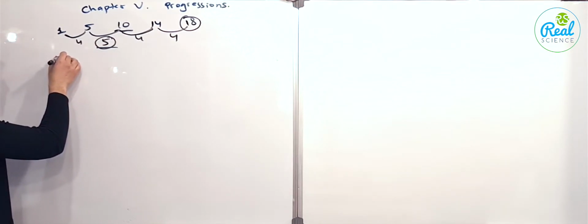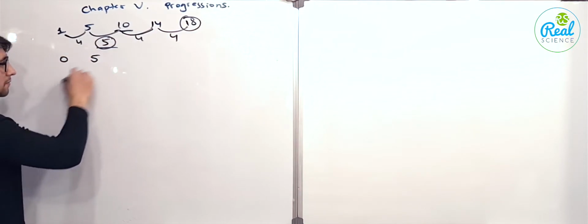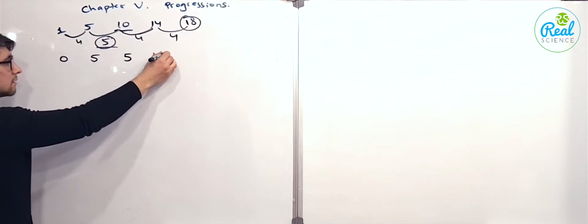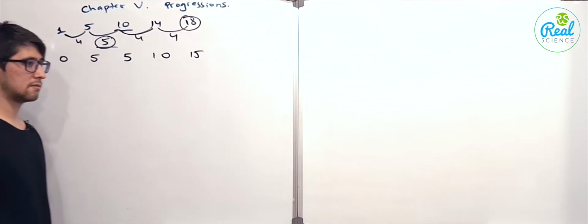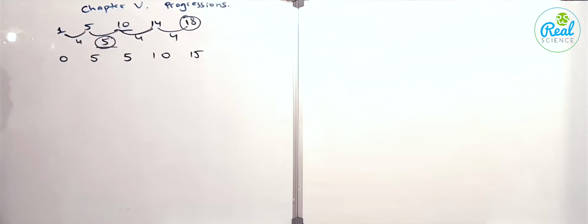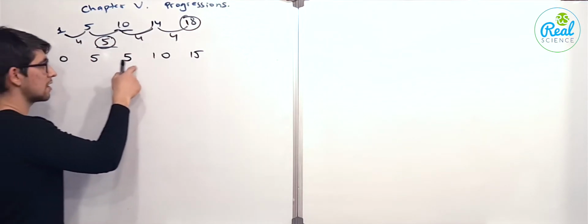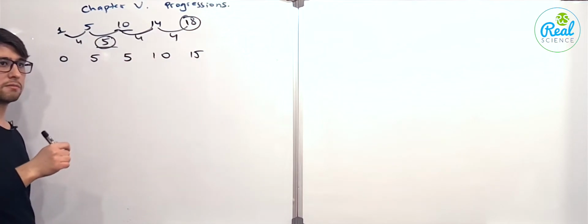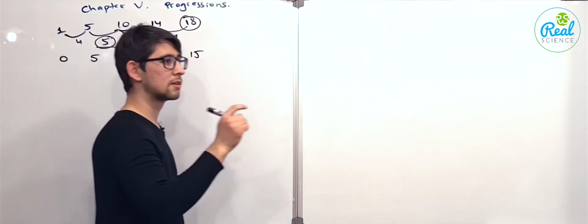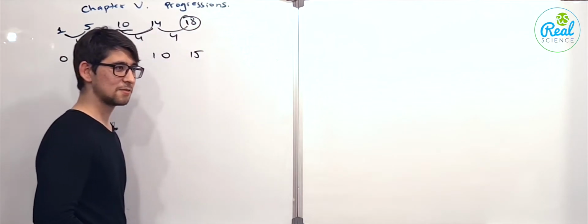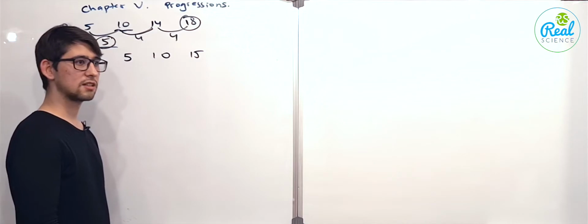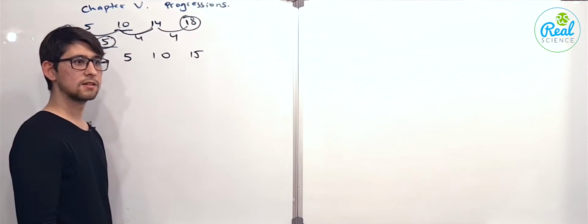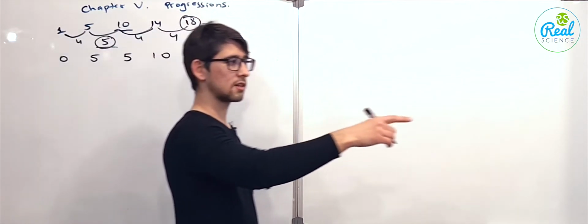So what about 0, 5, 5, 10, 15? Can you guess the next number? No, it's not 20. Here you have 0, 5, 5, 10, 15.